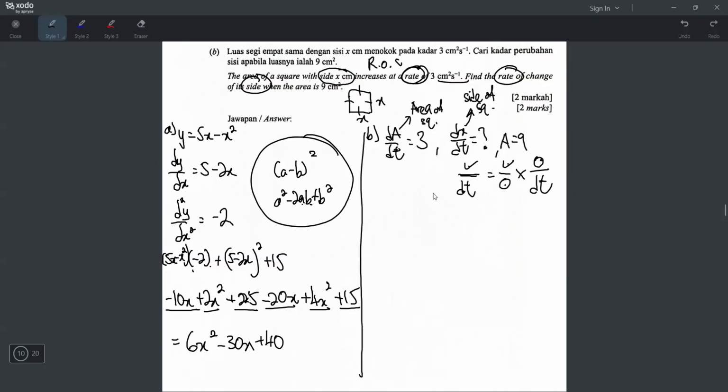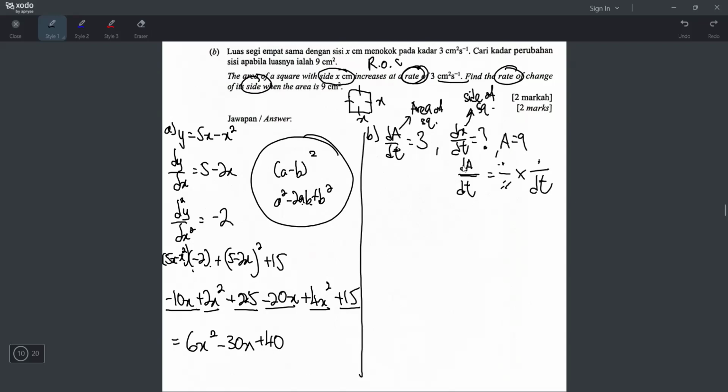But macam mana nak tahu sini kena tulis apa? Okay, you will look at your information. This is dA dt, this is dx dt. So dt I already write here and here, right? So that means you left with dA and dx saja yang belum tulis, right? So if this is dA, then this will be dA because I told you this and this same, and then these two will be dx because these two will be the same also, right?